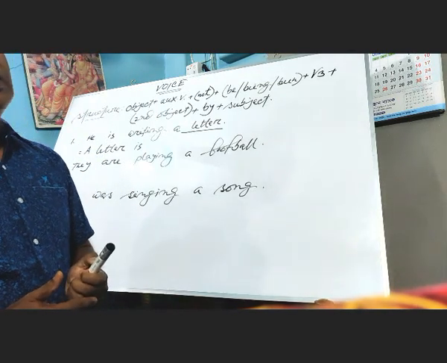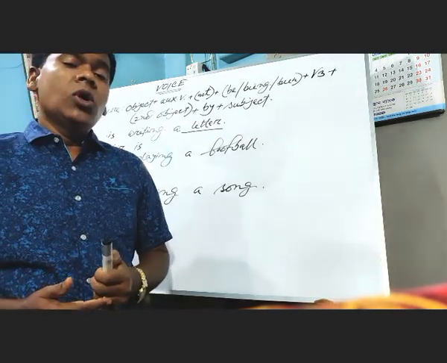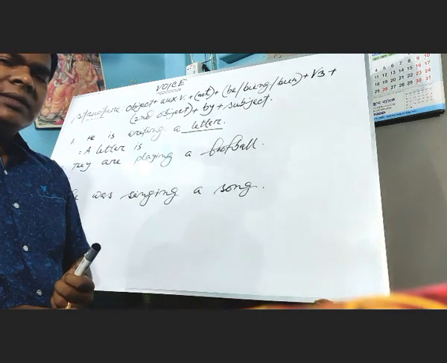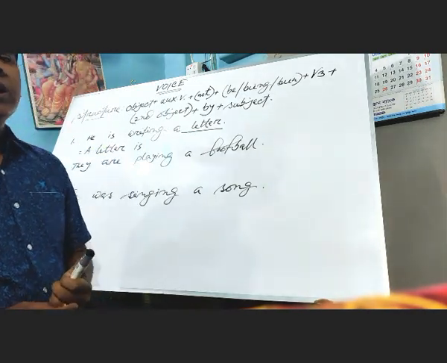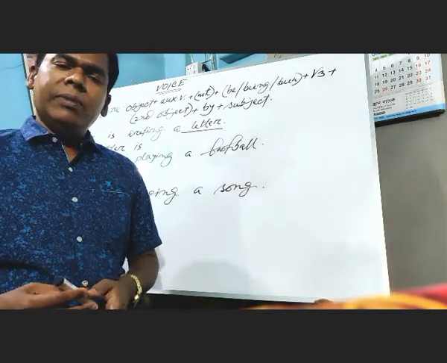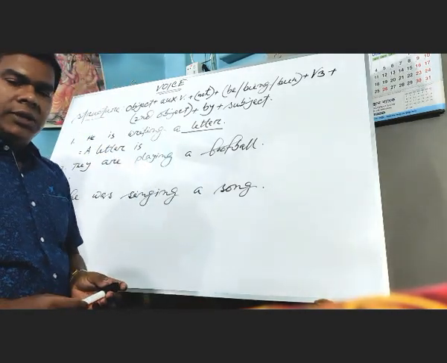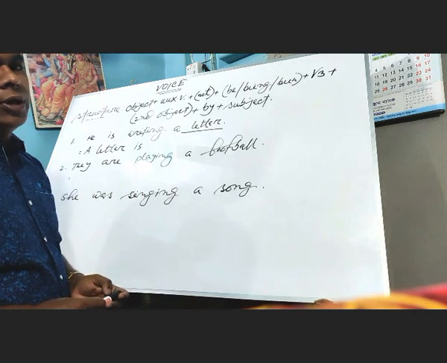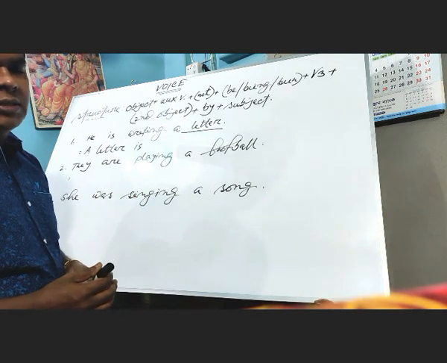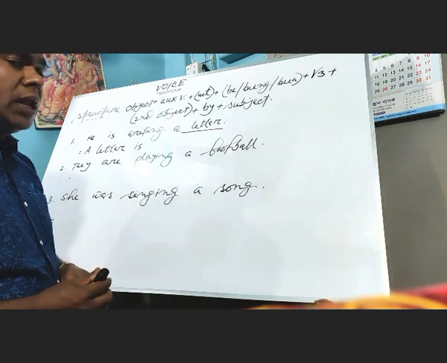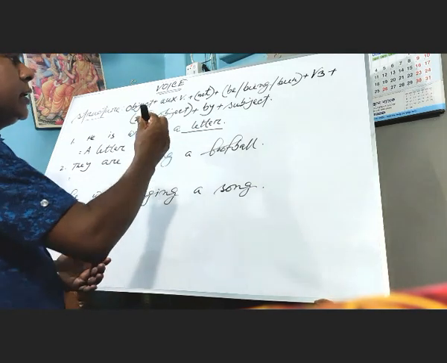But if you find the use of modal auxiliaries, what are the modal auxiliaries, boys? Especially the modal auxiliaries are shall, will, should, would, can, could, may, might, must, need, have to, has to, had to, ought to, is going to, are going to, etc. These are the modal auxiliaries. When you find the use of modal auxiliaries, then you will use be.